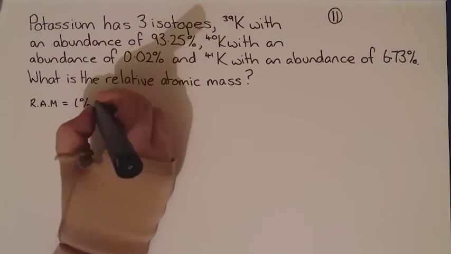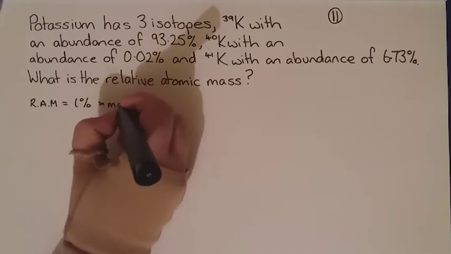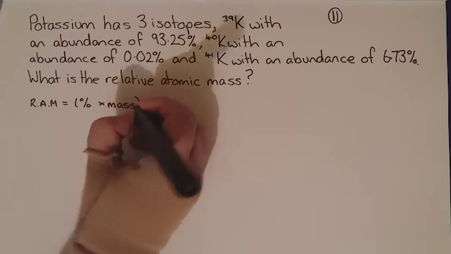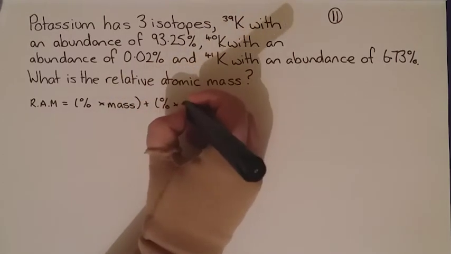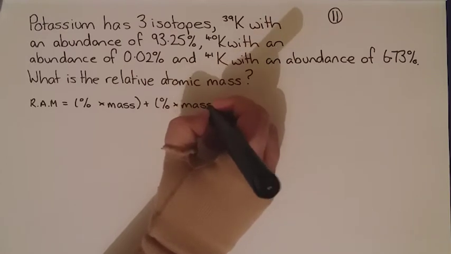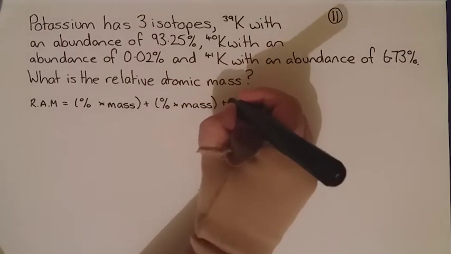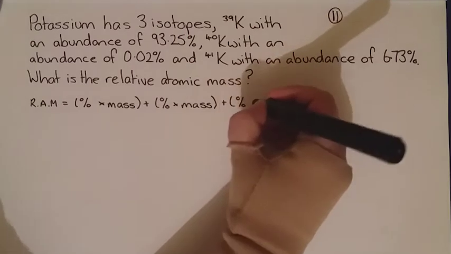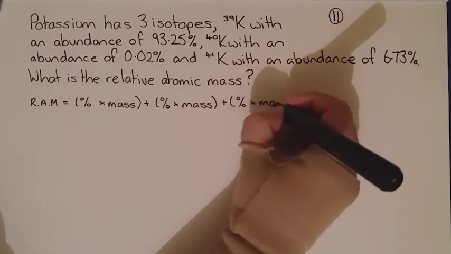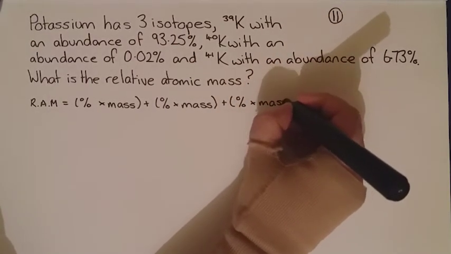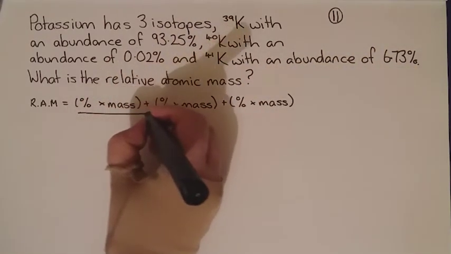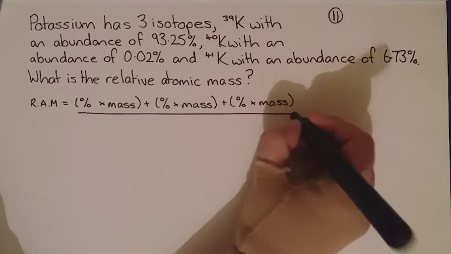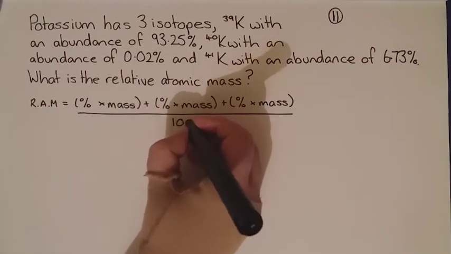We're going to do the percentage times the mass of one isotope, added to the percentage times the mass of the second, added to the percentage times the mass of the third, again all divided by 100.